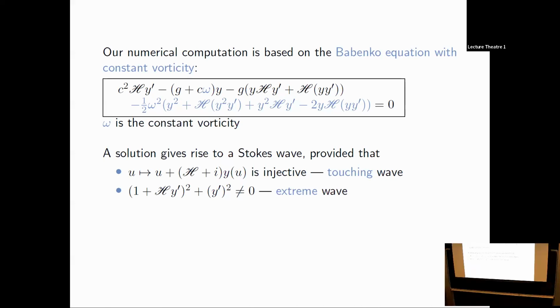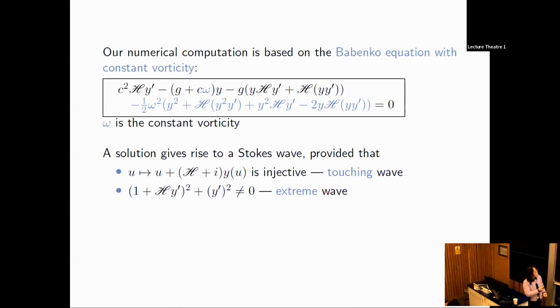This is our formulation. What I want to say is, even including constant vorticity, the Babenko equation still looks quite concise. All these terms written in blue involve the constant vorticity, which I'm going to call little omega. If you drop all these blue terms, you go back to the original Babenko equation.